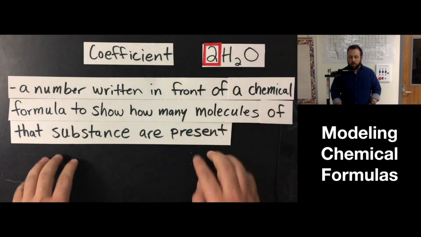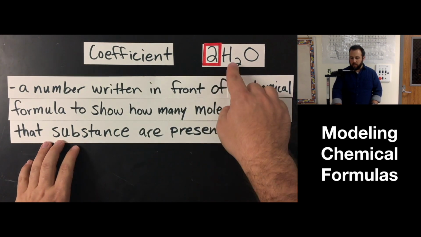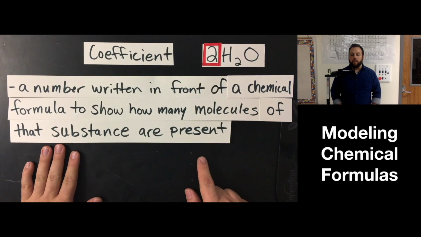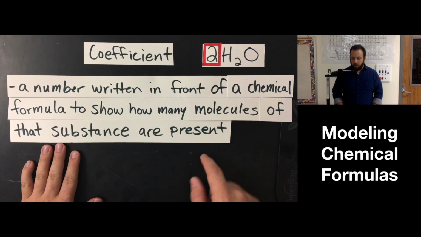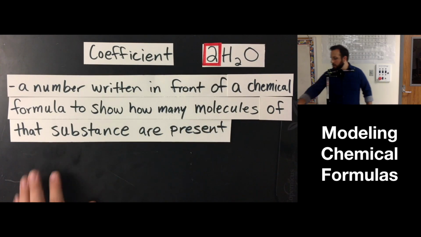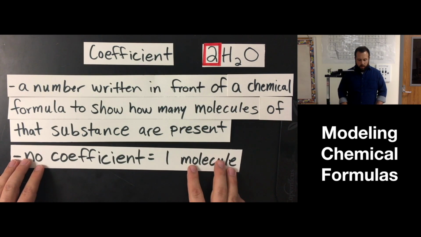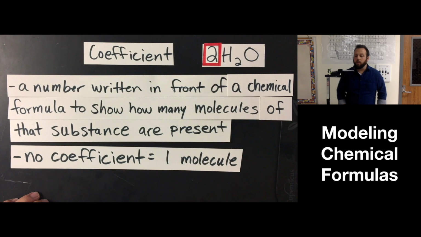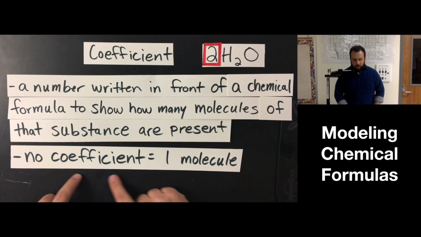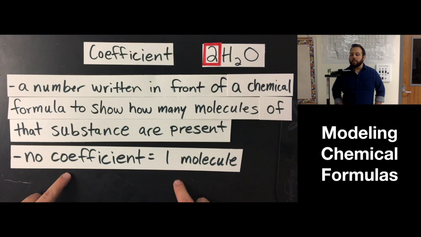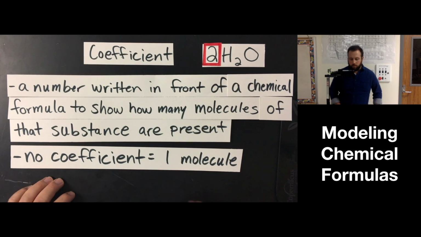So this number in front tells us that there are 2 molecules of H2O, or water. Then again, if there is no coefficient, that tells us there's only 1 molecule. So just like subscripts, if we don't see a coefficient, that tells us that there is 1 molecule of that compound.